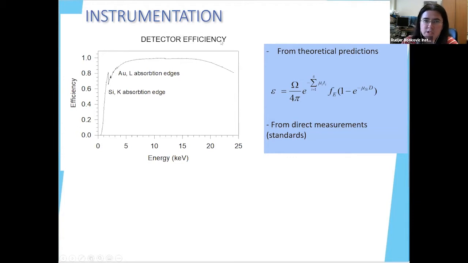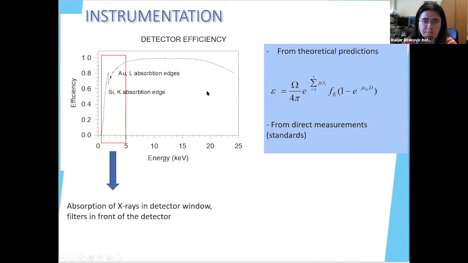This efficiency can be obtained from theoretical predictions, or you can do direct measurements with standards to obtain this curve. The lower energy part is mostly determined by the type of detector window, because this window will absorb the lower energy X-rays.